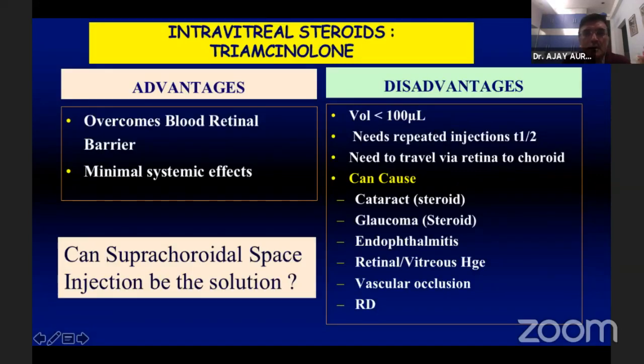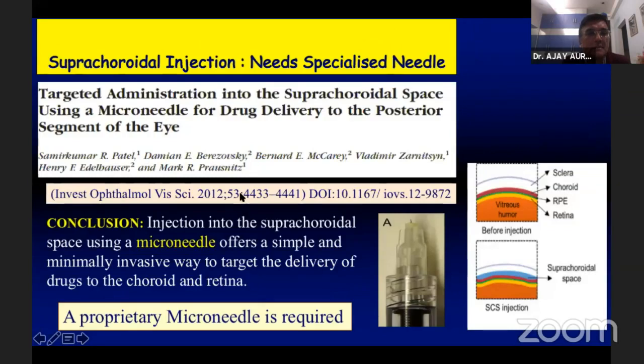The disadvantage of giving it in the suprachoroidal space is that the volume is less and it needs to be repeated. If you give an IVTA into the vitreous, it can cause cataract, glaucoma, endophthalmitis, vitreous hemorrhage, vascular occlusion, and retinitis.